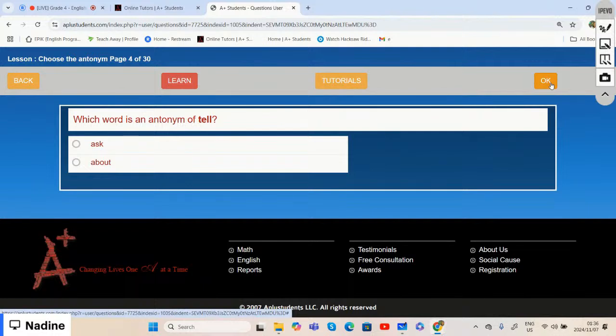Which word is the antonym, or opposite, of tell? Is it to ask, option one, or about, option two?